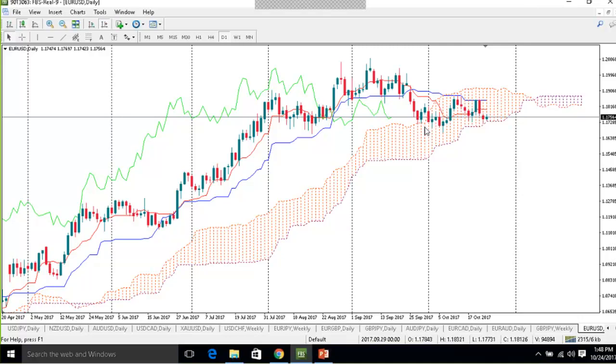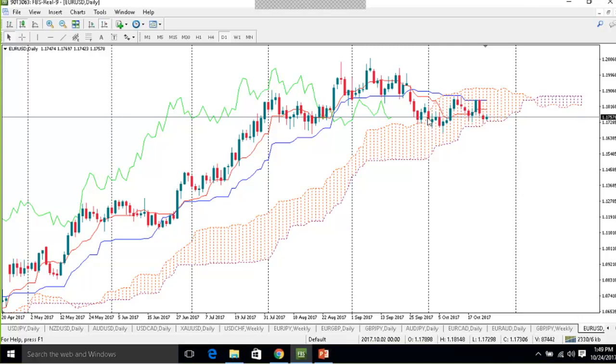Very often it depends on how the price went inside the cloud. If you see that it touched only the edge of the cloud, then it is probably not a break. The price may just get a bit inside it, but then get support from the cloud and return to its bullish movement, for example.